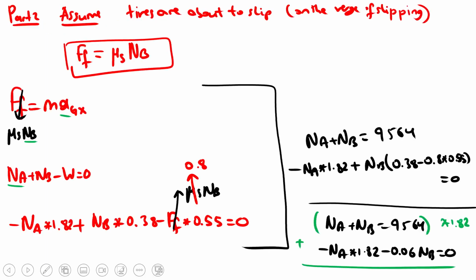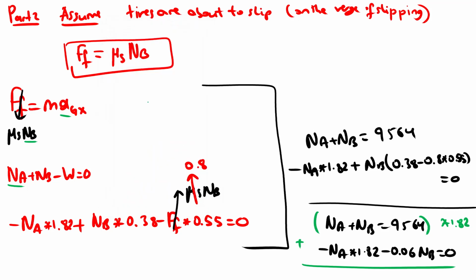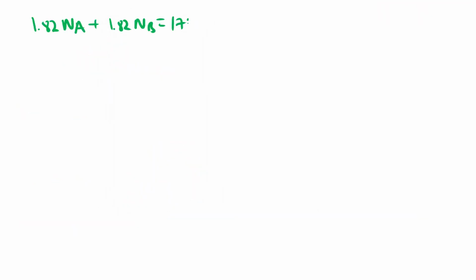So 1.82 n of a plus 1.82 n of b will be equal to 9564 times 1.82, that is 17406. Then we have negative 1.82 n of a minus 0.06 n of b, that is equal to 0.